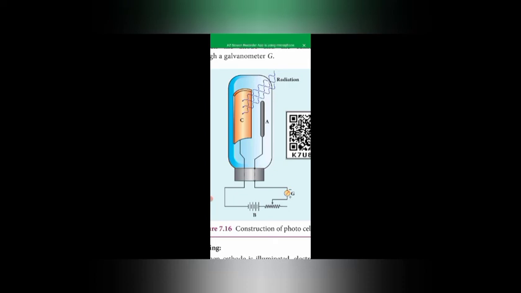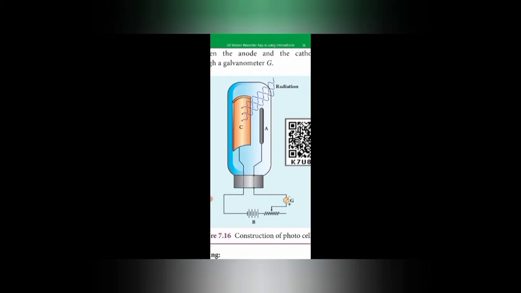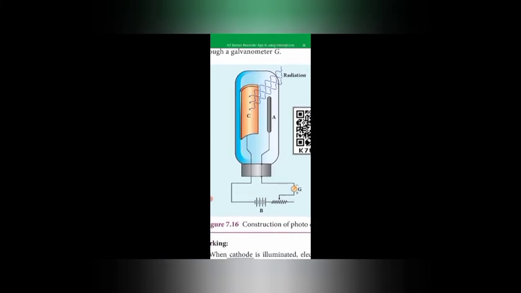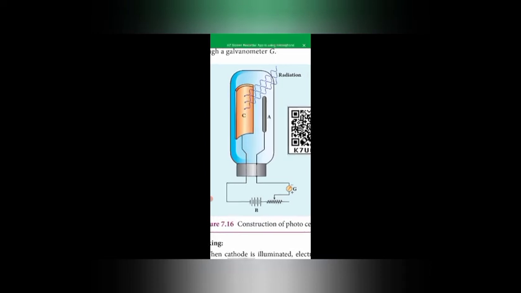The cathode is semi-cylindrical in shape and coated with photosensitive material. The anode is a thin rod or wire kept along the axis of the semi-cylindrical cathode. When a potential difference is applied between the cathode and the anode, the current passed is denoted by the galvanometer G.